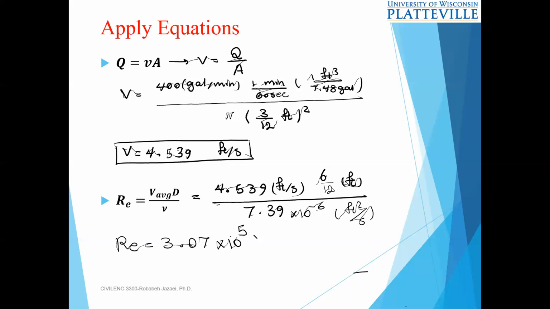Anytime you find Reynolds number, make sure you know what type of flow it is. So we know if Reynolds number is smaller than 2300, it's laminar. But in this case, it's way greater than 2300. So it's turbulent flow.